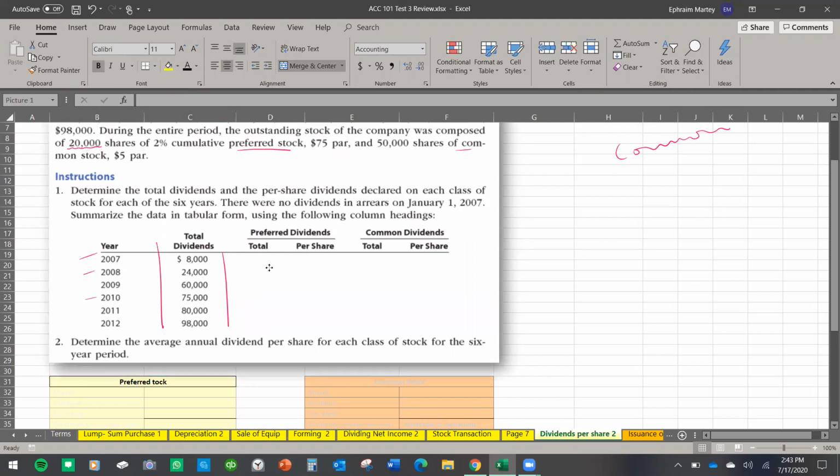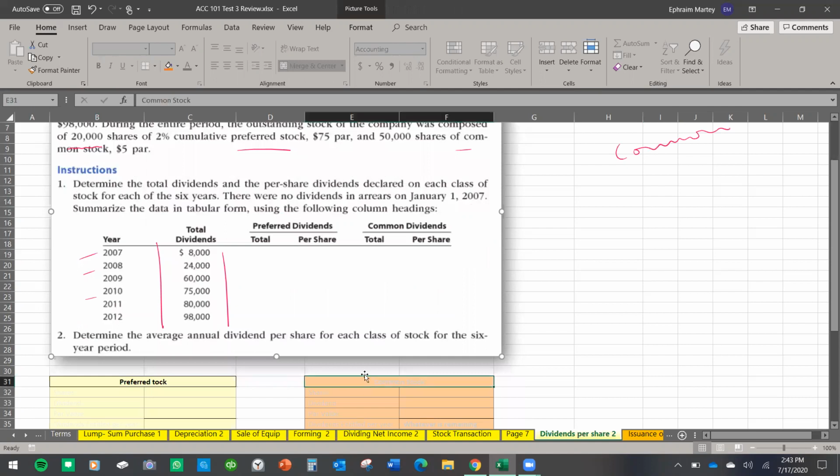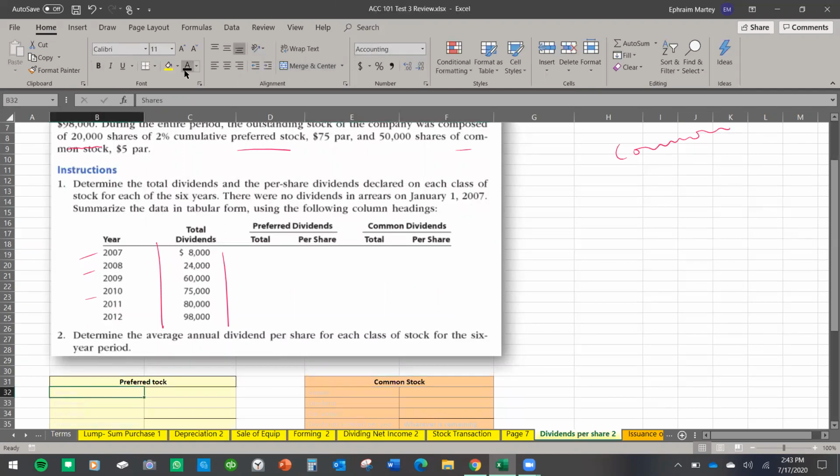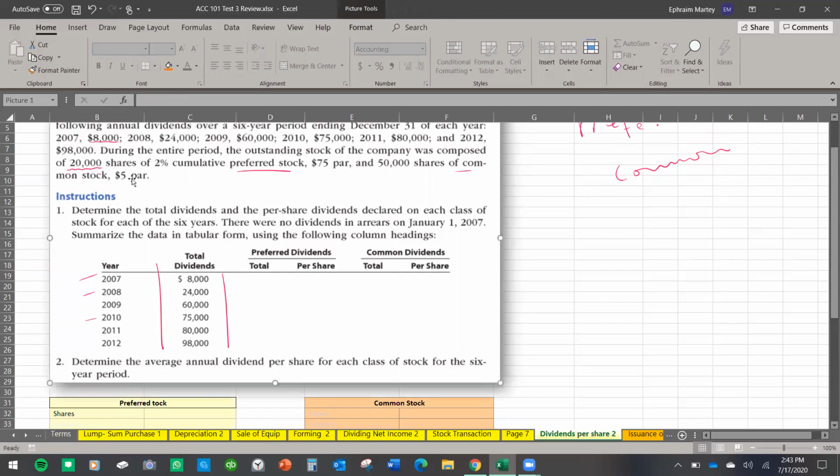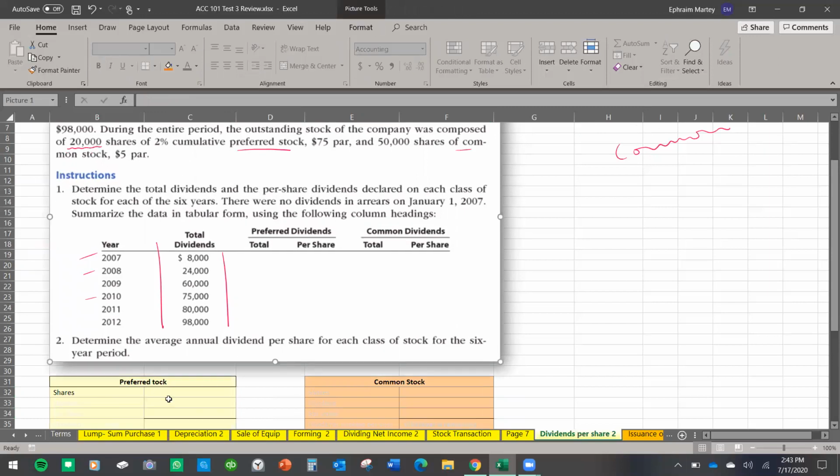Having preferred stock here, and then I have my common stock right here. I need to know how many shares I have for my preferred stock. It says 20,000 shares, so I put my 20,000 here. And then what is my dividend? The percentage is the dividend, which is 2% right here.